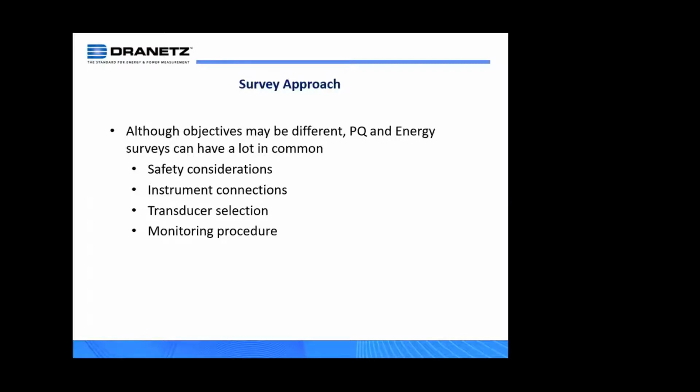For example, I might be using a current probe whose current range is too large for the current that I'm monitoring. Instrumentation these days, particularly the Advantage meters, are smart enough. They will tell you if the current probe is too large for the current that you intend to measure. So it'll tell you if you're over range or under range.